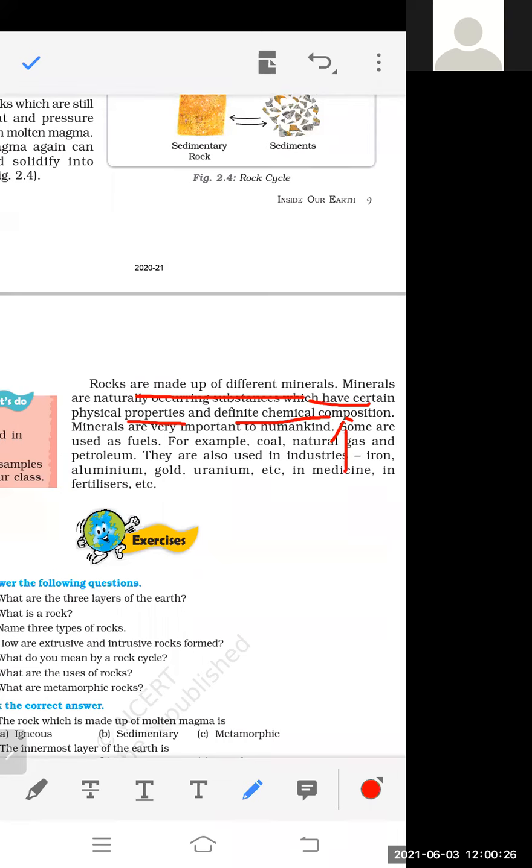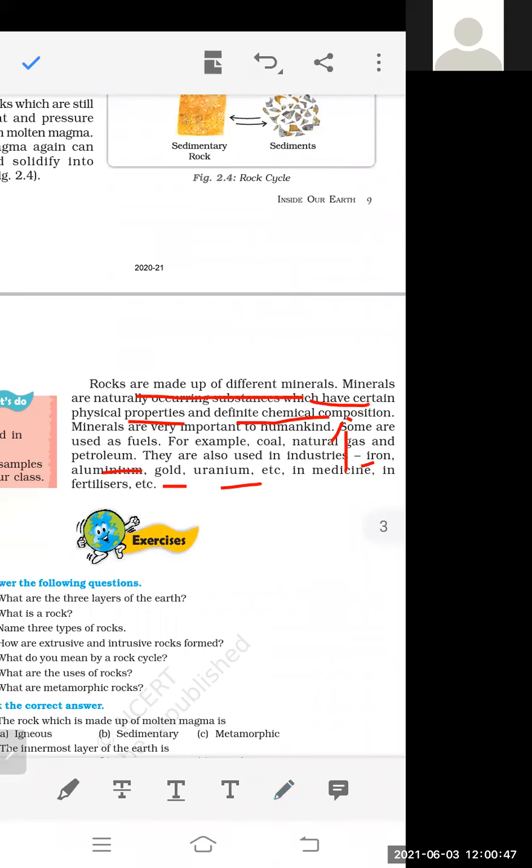Minerals like iron, aluminum, and uranium are used in industries. Gold, platinum, and diamond are used in jewelry and are very precious materials. Some minerals are used in medicines and fertilizers also. So these are the uses of minerals.